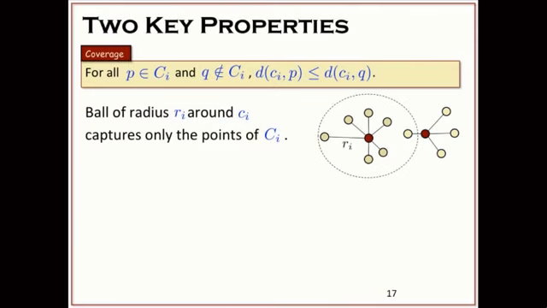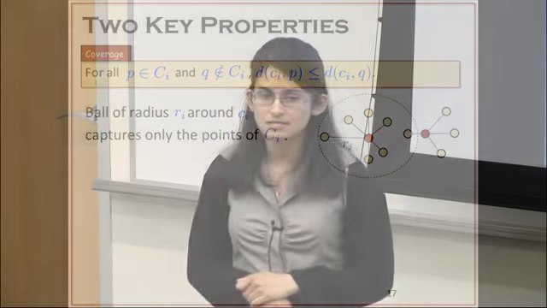There are 2 key properties when you have 2 perturbation resilience in symmetric instances. I'm not going to prove them to you, but I'll tell you what they are. The first one is that if you draw a ball of radius r star at the center, then you're capturing points from that cluster, and only from that cluster.